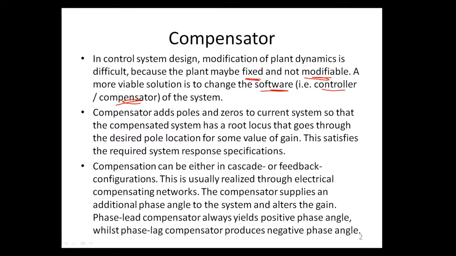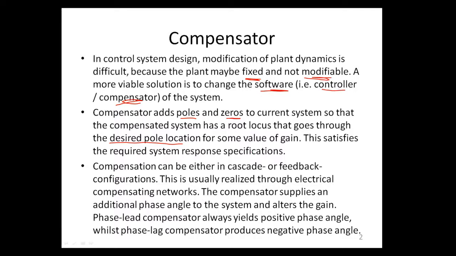A compensator functions by adding poles and zeros to the current system so that the compensated system has a root locus that goes through the desired pole locations for some value of gain. In this case, this satisfies the required system response specifications.